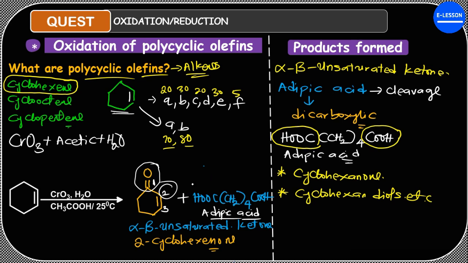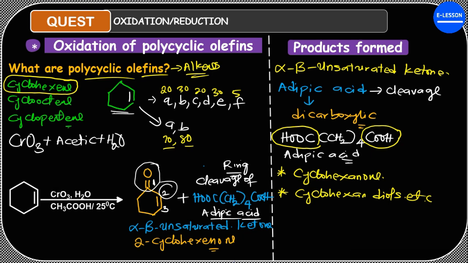We said this one is formed from the cleavage of the ring. So I've emphasized this enough. These are just two products that will be formed due to the oxidation of this polycyclic olefin by chromium trioxide in acetic acid, followed by hydration at a temperature of 25 degrees Celsius.